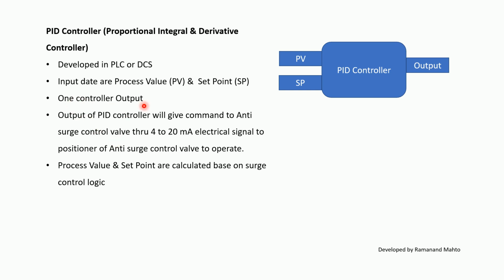So this is one controller output. The output of the PID controller will give a command to the anti-surge control valve through a 4 to 20 signal to the positioner, and the valve will operate based on this signal. The process value and set point are calculated based on the surge logic.